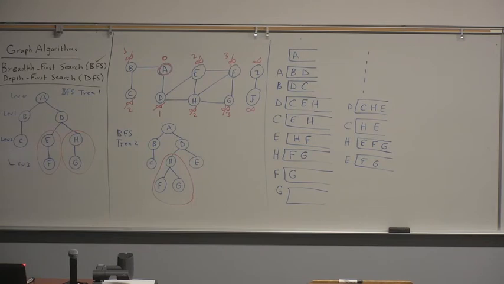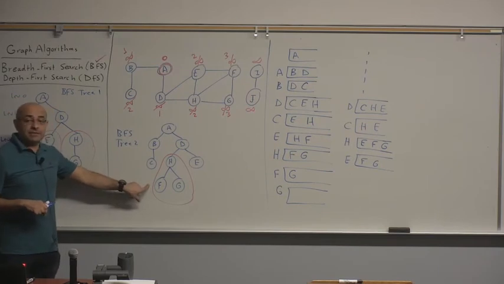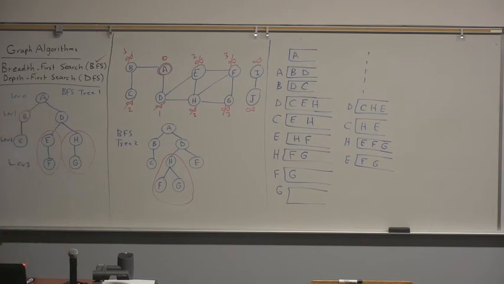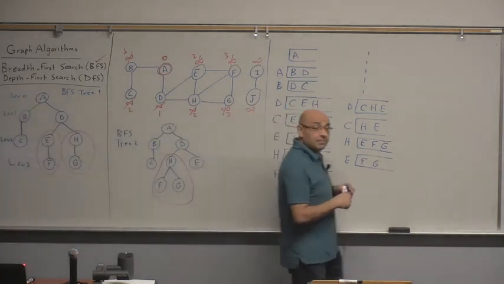So the point is, even though the parent of F is different, the distance of F is 3 in both trees. So in all trees, the distance is going to be the same.